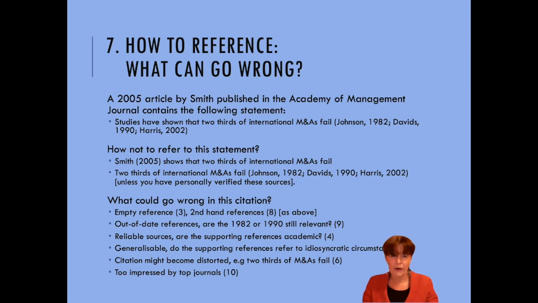Then are references in 1982 and 1990 still relevant? They might already have been a bit old in 2005, but in 2020, they are really old. So can we still be sure that 2/3 of international mergers and acquisitions fail in 2020? Maybe they're far less, or maybe they're more, but you don't know until you look at more recent evidence.